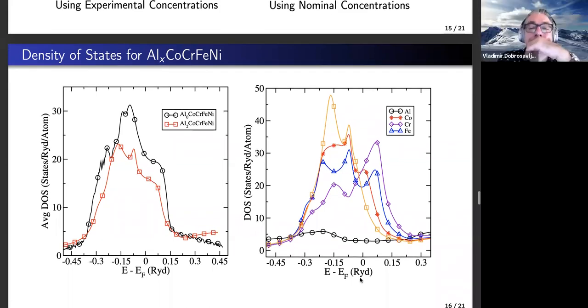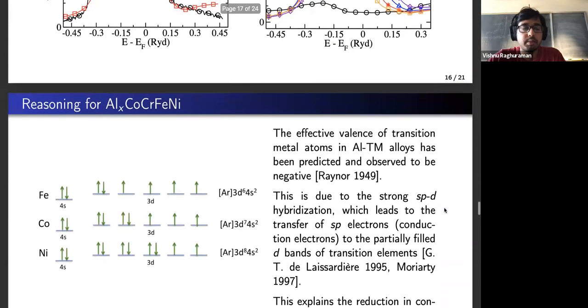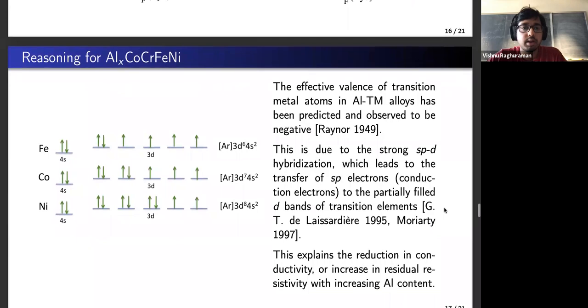However, the density of states at the Fermi energy alone is not a real indicator of whether you would have higher or lower resistivity. For that, better reasoning can be obtained by looking at iron, cobalt, and nickel, which are the late d elements. What has actually been studied is that there's an SPD hybridization.